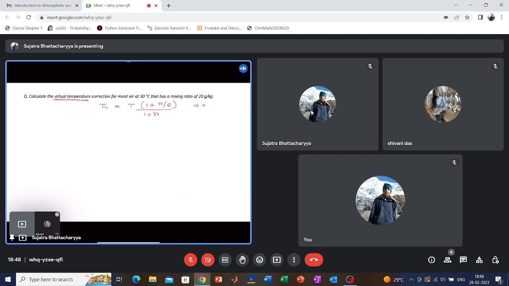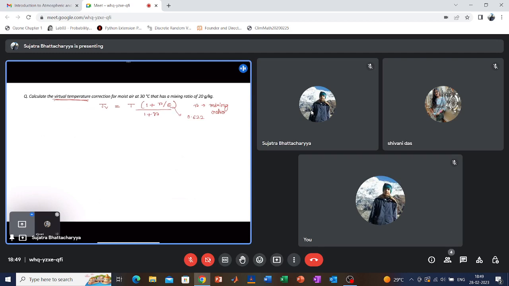Again I am writing, this is the mixing ratio, which indicates how much mass of vapor is present in 1000 grams of dry air. That's all. What is epsilon? Epsilon is 0.622. Just now we have seen, that is RD by RV.